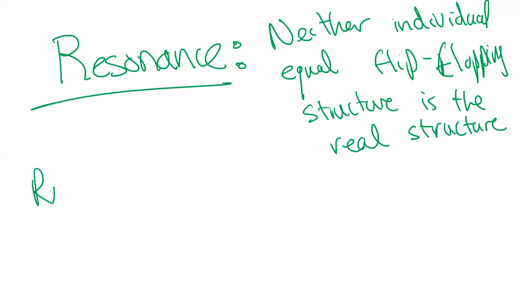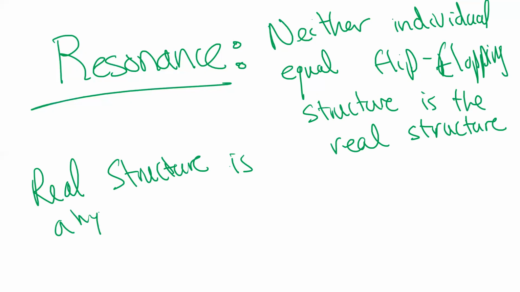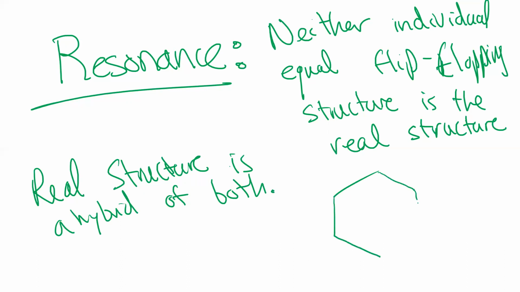The real structure is a hybrid of both. And what that means is, imagine that hexagon of carbons. So we're just going to show just the hexagon now. There's no double bond there. You actually have double bond nature spread out across all 6 carbons.